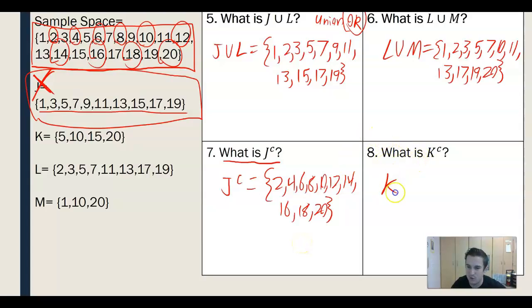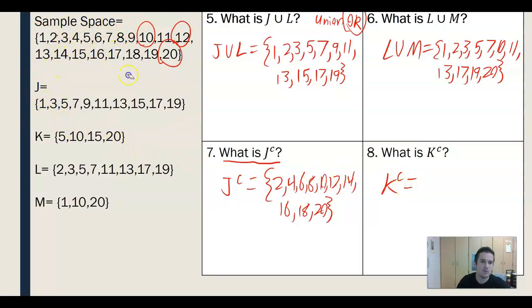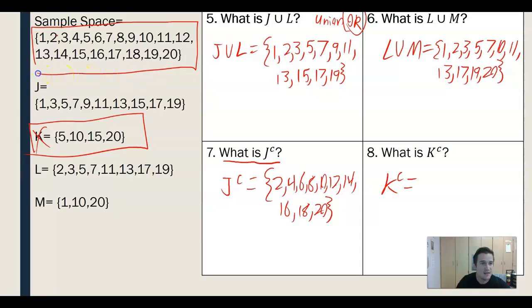Next, I'm asked for K complement, or the complement of set K. So I'm wanting to find all the numbers that are not in set K, but are still contained in the sample space. So I have 5, 10, 15, and 20 in set K. So that means 1 through 4, 6 through 9, 11 through 14, and 16 through 19 are all numbers in the sample space, but not in set K. So let me draw my curly brackets.